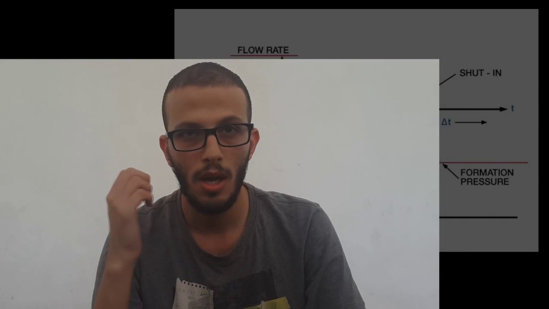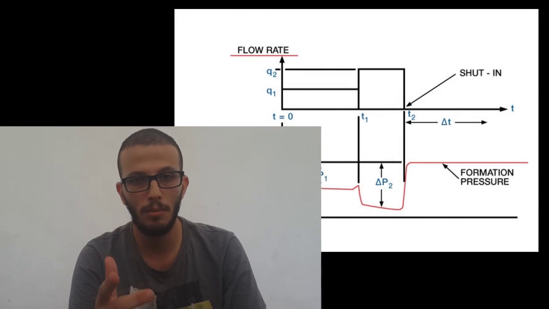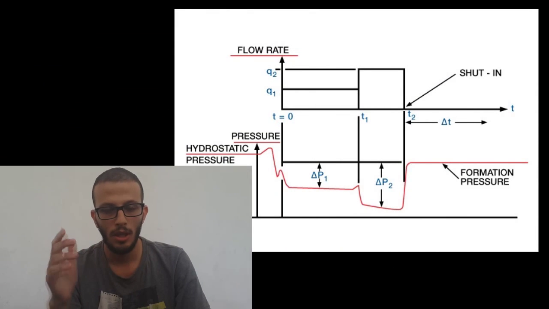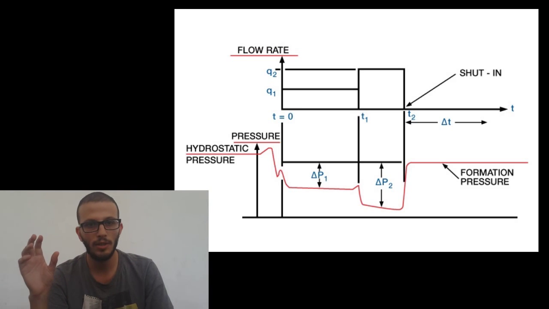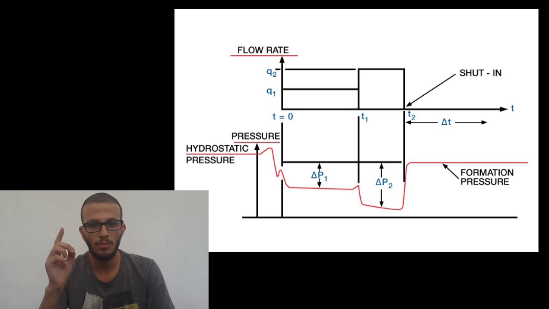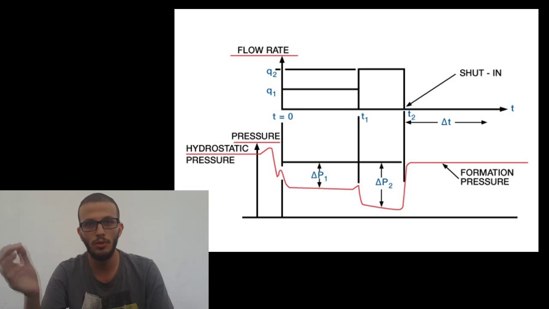Okay, generally those two major methods, the pre-test and the sample test, we can divide into four major categories. First of all, as we see in figure number 1, we conducted a normal drawdown test. Of course, we produce at constant flow rate, and we record our time response of pressure at each time, T1 and T2.